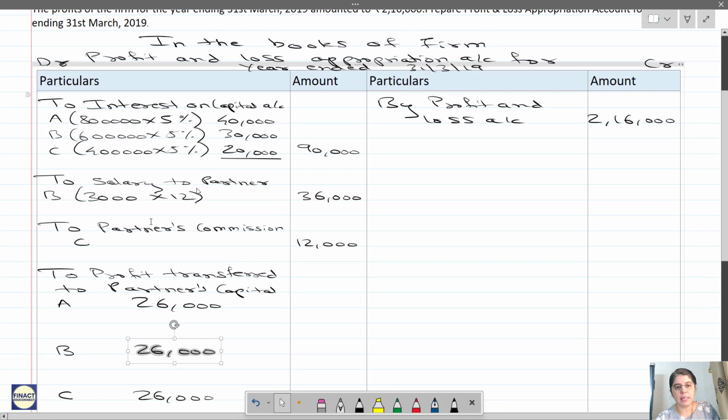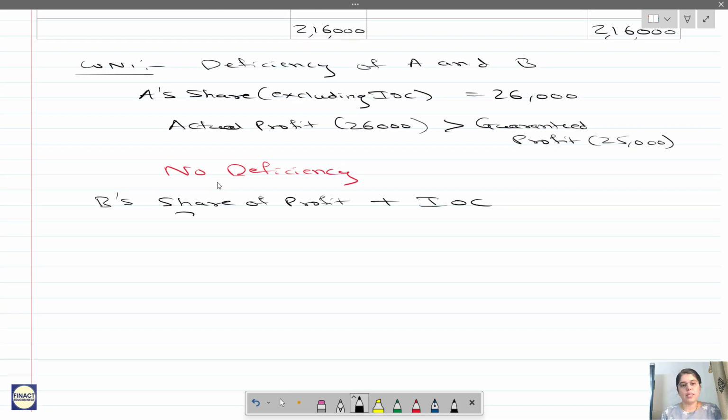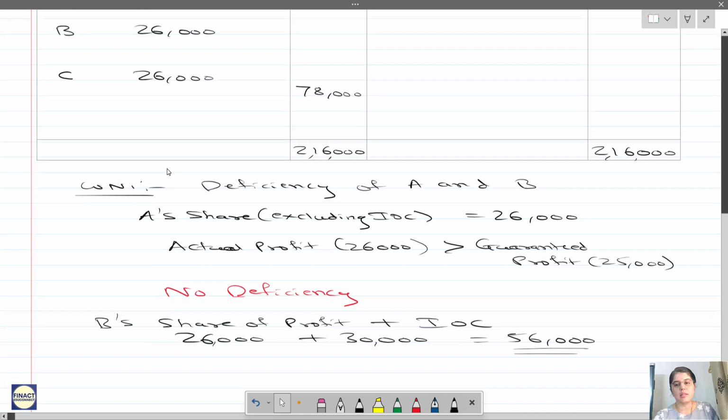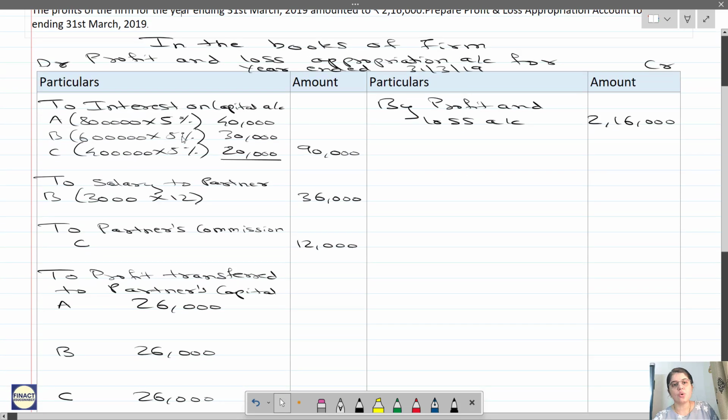Interest on capital is 30,000. Correct? So 26,000 plus 30,000, you get 56,000. Again, if you see, this 56,000 is greater than the guaranteed amount of 55,000 per annum. So there is no deficiency.